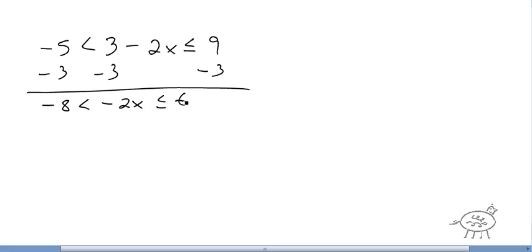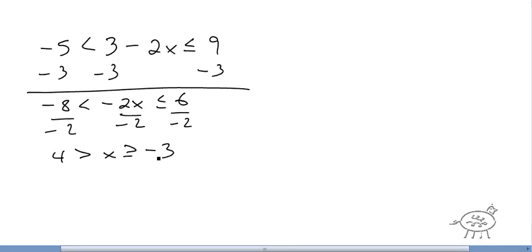Okay, now I'm sure a lot of you recognize, you're like, wait a second, you're about to divide by negative 2. And you're right. And what happens when you divide by a negative? You switch around the inequalities. So in this case, we're going to switch around both inequalities. It's going to be 4 greater than x greater than or equal to negative 3.